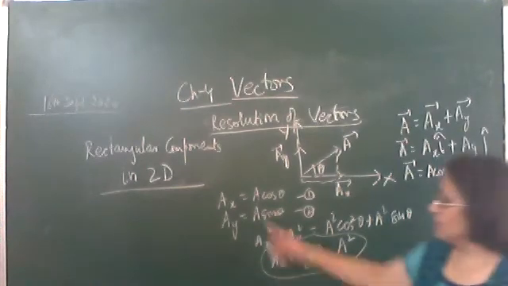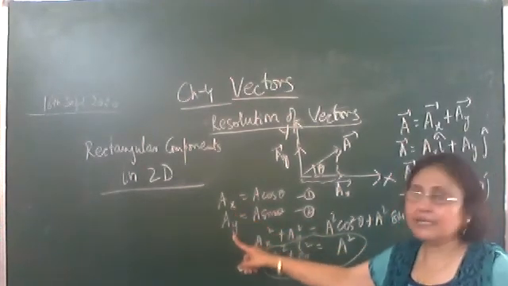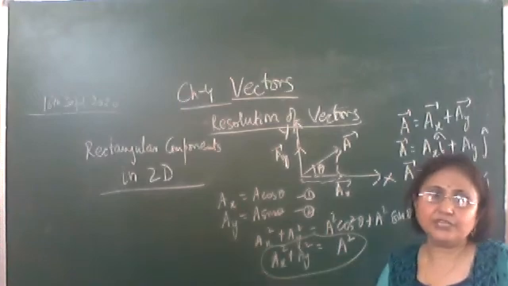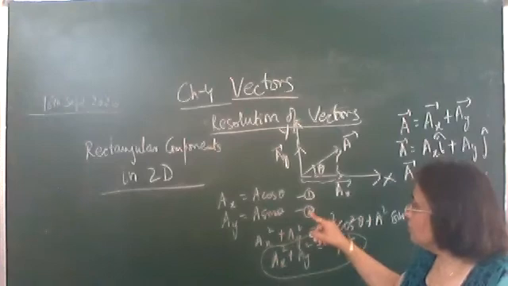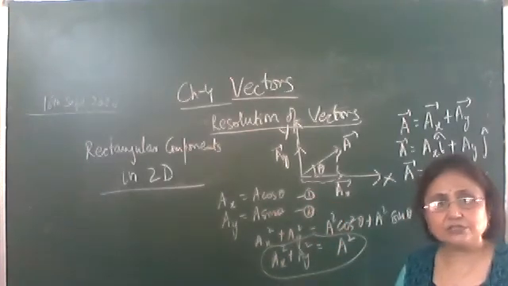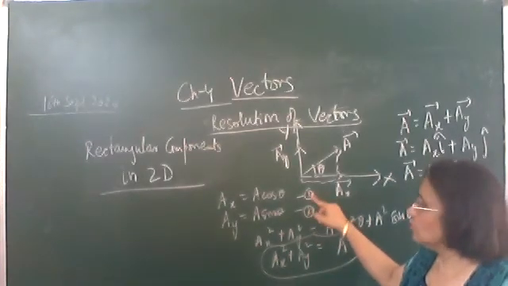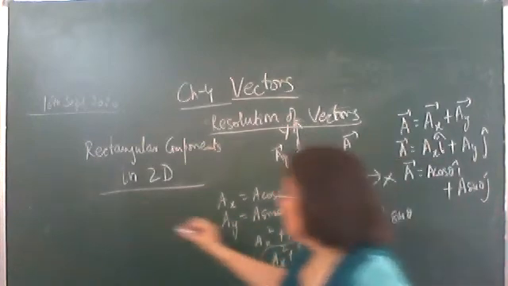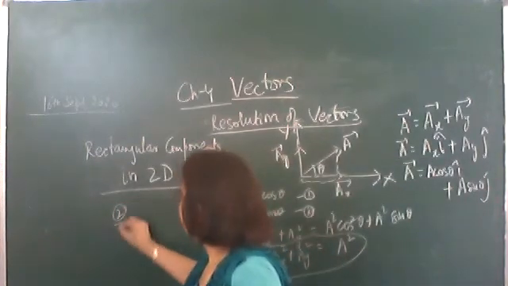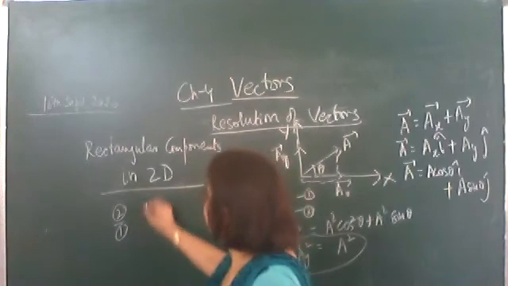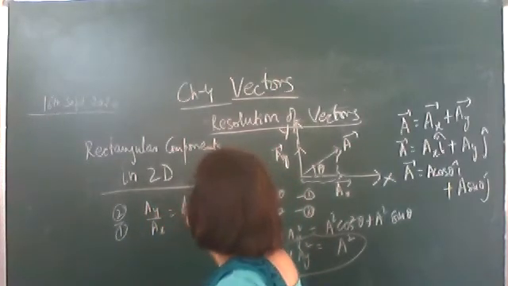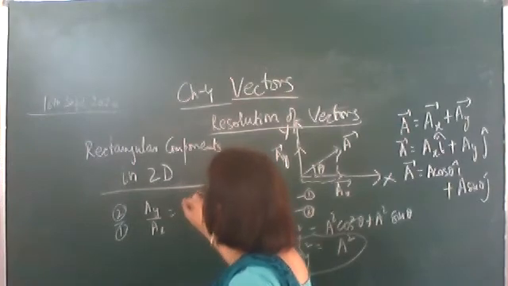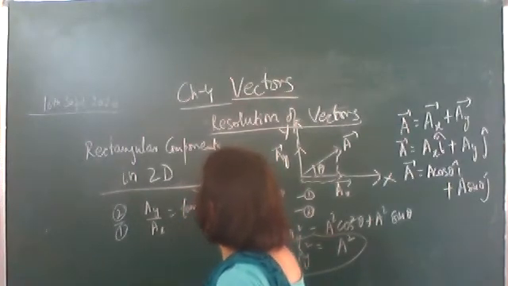Now suppose in the question Ax and Ay are given and you have to find the angle theta. What can you do? You can divide the two equations, second upon first. On the left hand side we get Ay upon Ax, and on the right hand side A sin theta upon A cos theta, which is tan theta.